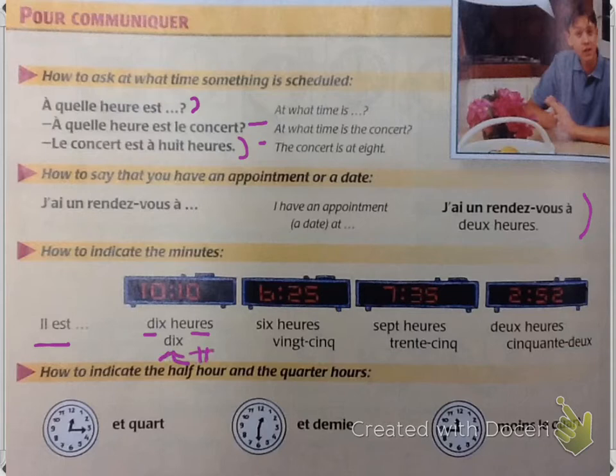And this is the number of minutes. So 6:25 is il est 6h25. 7:35, il est 7h35. And 2:52, il est 2h52. So obviously for telling time, it's going to be fairly important that you remember your numbers and that you're able to say your numbers.